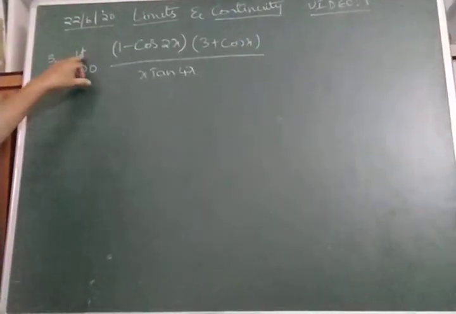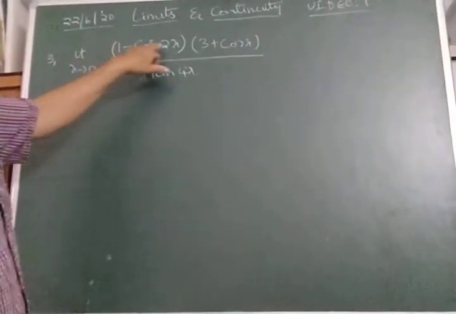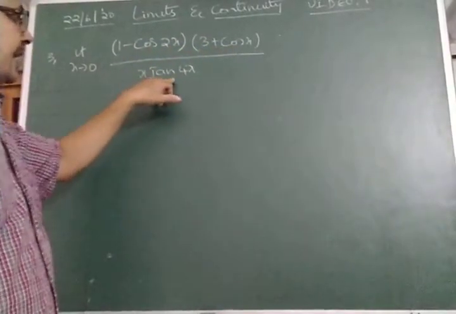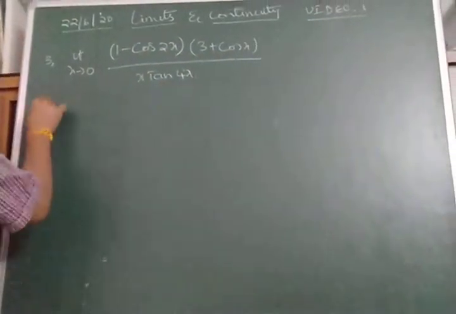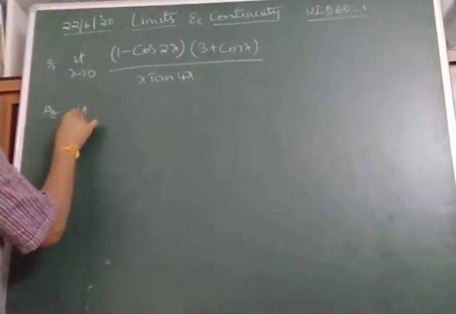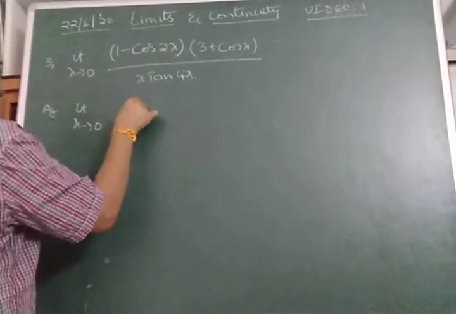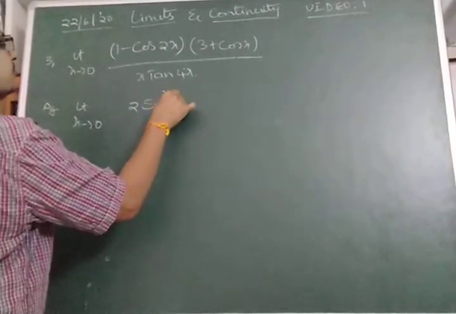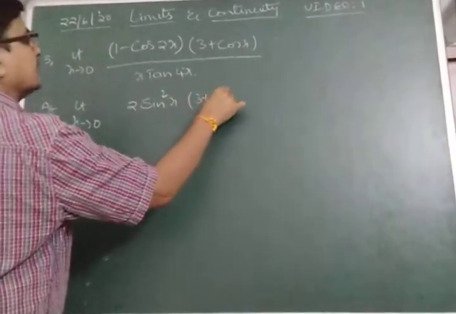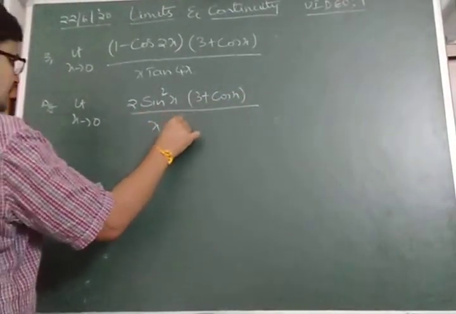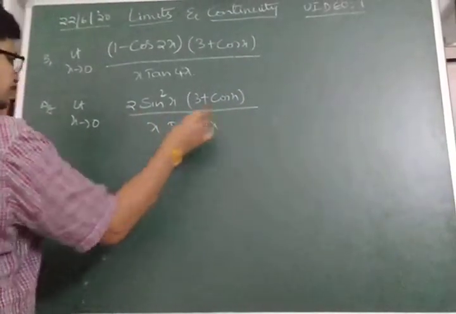Limit x tends to 0 of (1 minus cos 2x) into (3 plus cos x) by x tan 4x. This can be solved by taking limit x tends to 0. 1 minus cos 2x can be written as 2 sin square x into (3 plus cos x) whole divided by x into tan 4x.